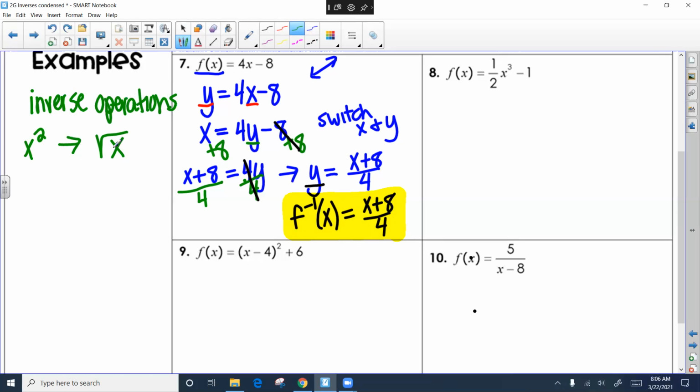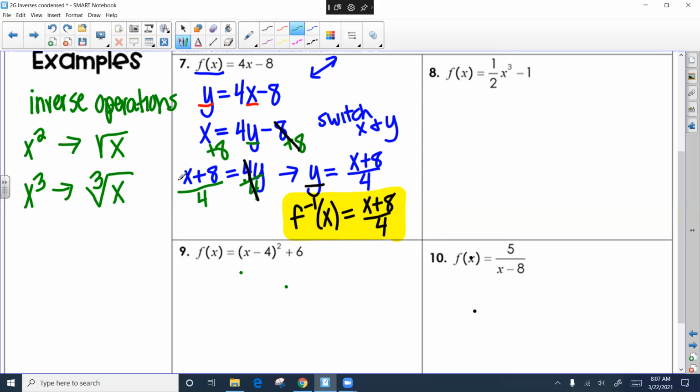So an x squared and a square root of x get rid of each other. Those are inverses. This one has an x cubed though. Does anyone remember what the inverse operation of an x cubed is? We have to know that in order to do this problem. A cube root, exactly. So the inverse operation of x cubed is a cube root. That's important to know, otherwise we can't do this problem.